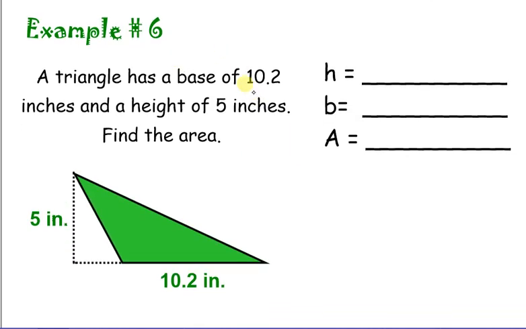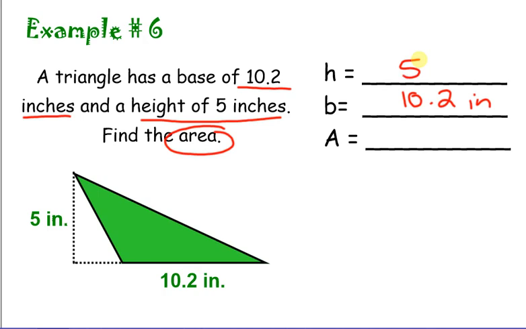A triangle has a base of 10.2 inches and a height of 5 inches. Find the area. So the base is 10.2 inches, the height is 5 inches, and we don't know the area. So area equals base times height times 0.5.